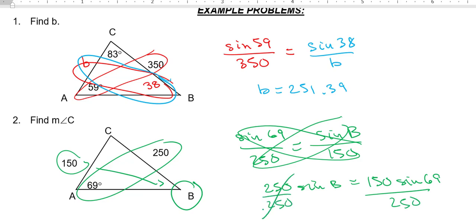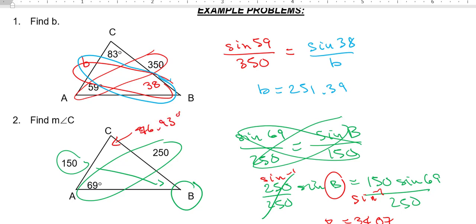And in order to solve for B, because we're looking for an angle measure, you need to do the inverse sine of both sides. Angle B will end up being 34.07, which then leaves you with 76.93 as your angle measure for angle C.